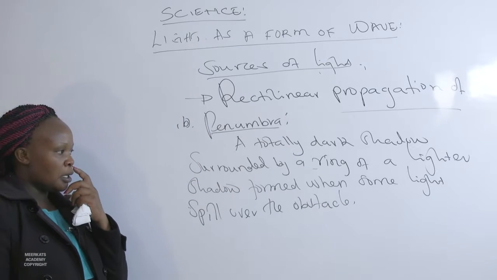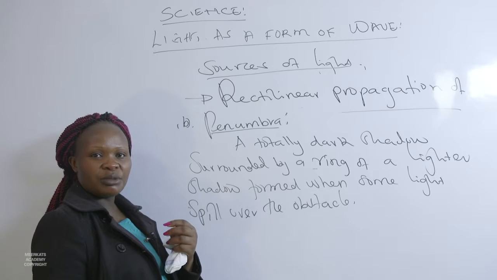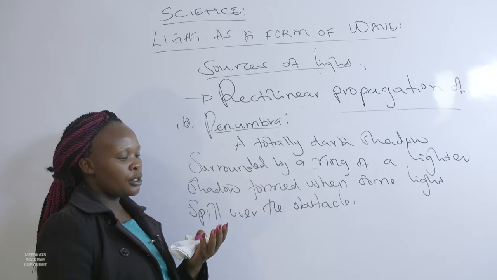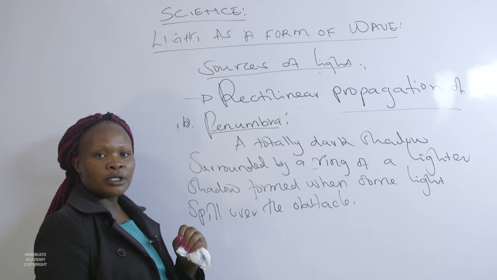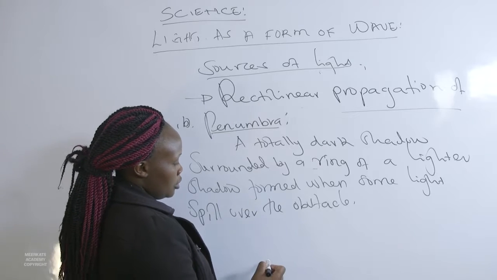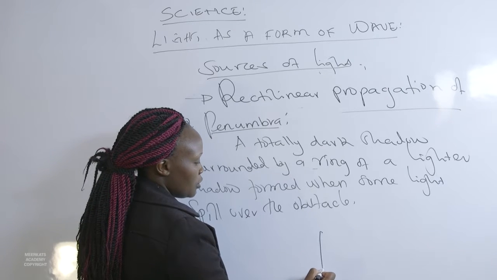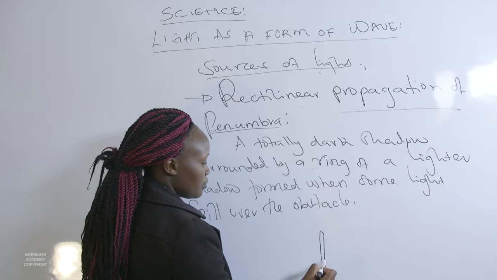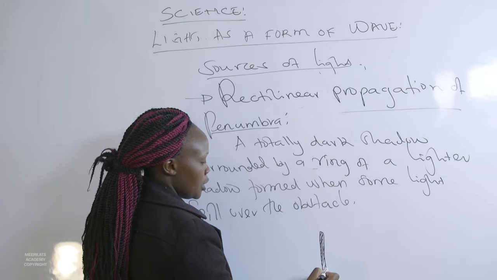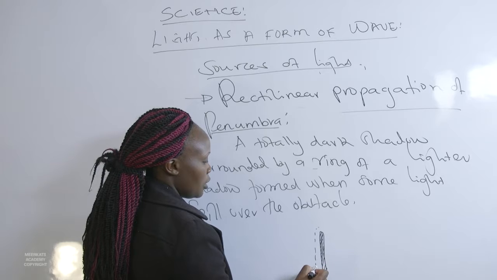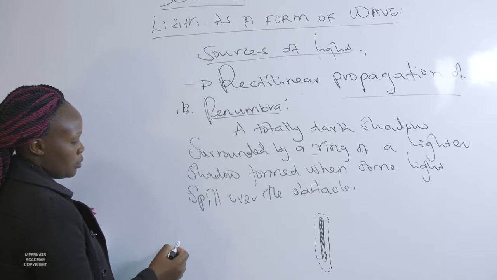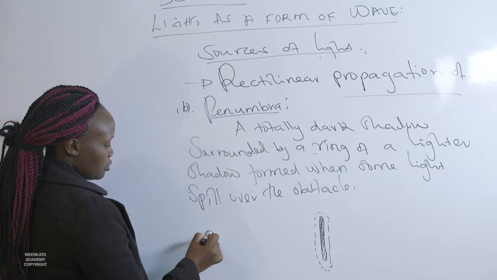Sometimes the size of the obstacle might not be too large, and therefore you expect that some rays of light are going to spill over from the obstacle, and that way you will have a totally dark center, and this one is going to be surrounded by a ring if it comes from a source of light.